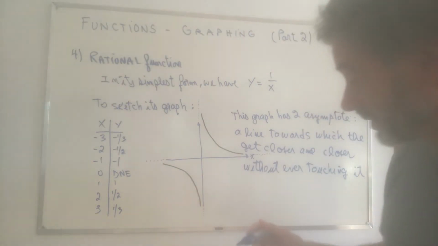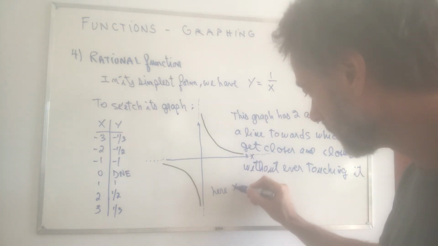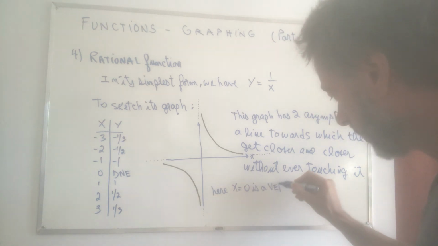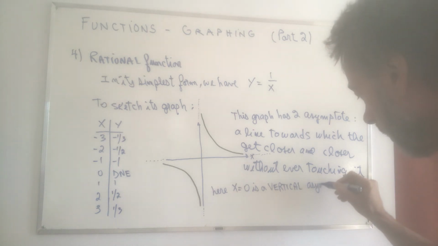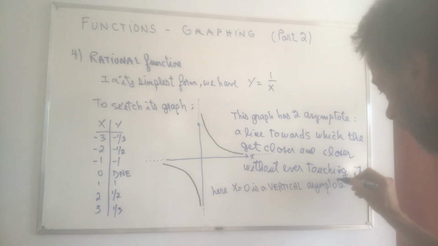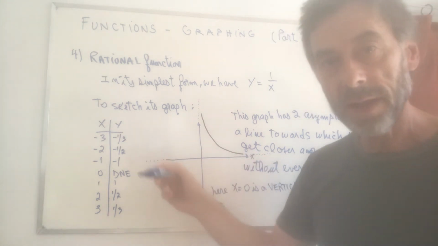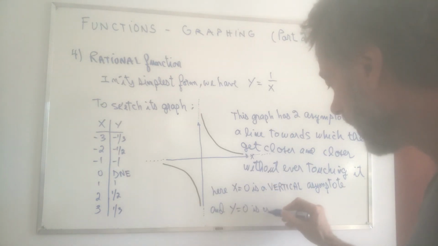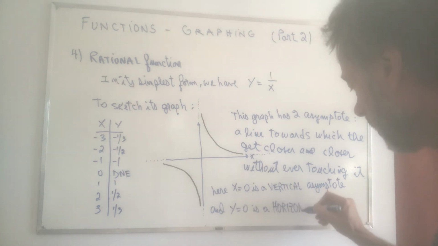So in this case, the y-axis, so here, x equals 0, is what we call a vertical asymptote. And this line here, the horizontal line, the x-axis, which is the line y equals 0, is a horizontal asymptote.